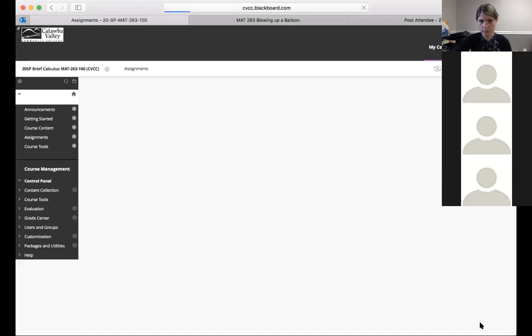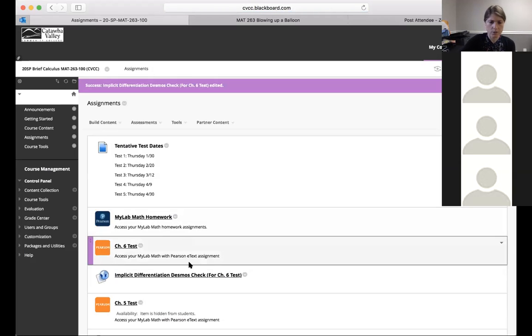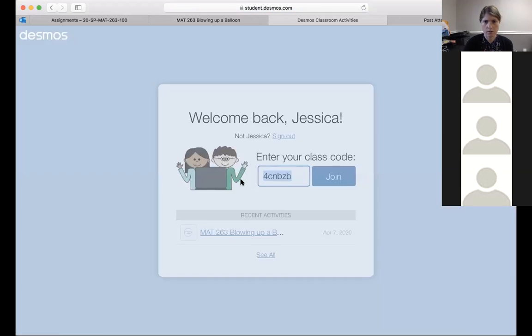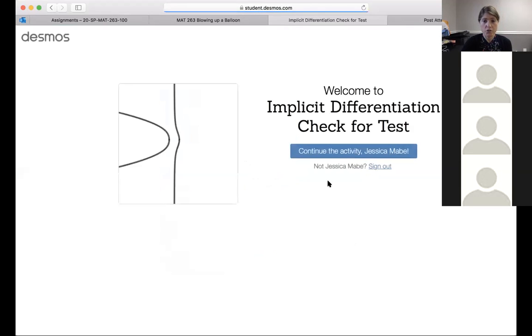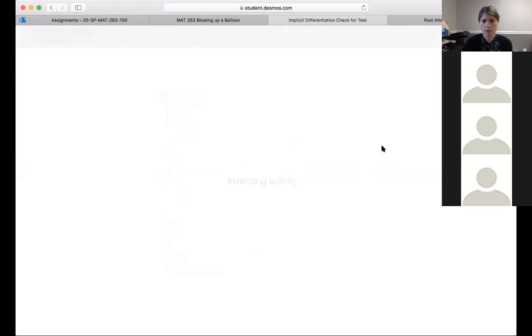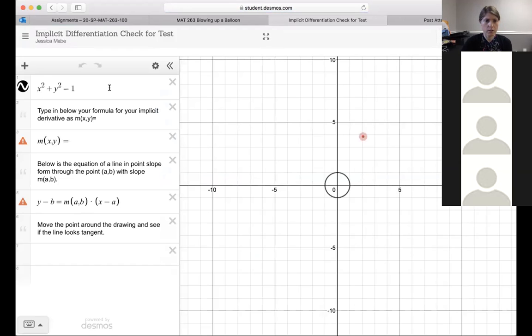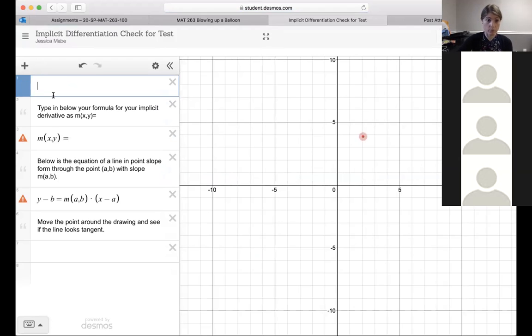It takes me a little longer. Rather than having to go back through your activities, this is just another activity you join. And what it allows you to do is replace the formula here. When you enter it, it'll say replace this formula and put the equation that you're looking at, and go ahead and use this to test your implicit differentiation problems.